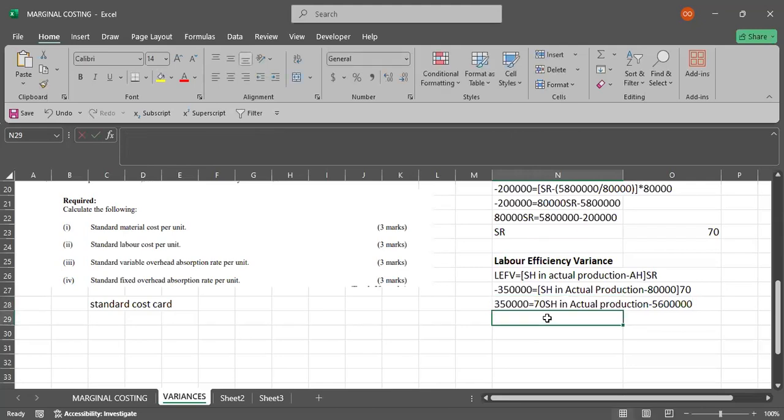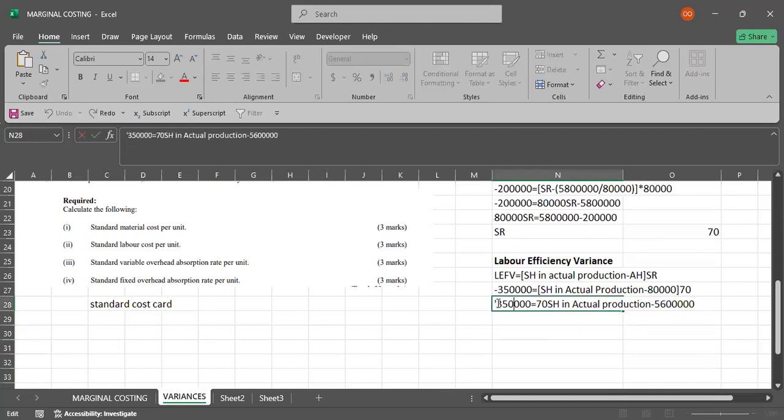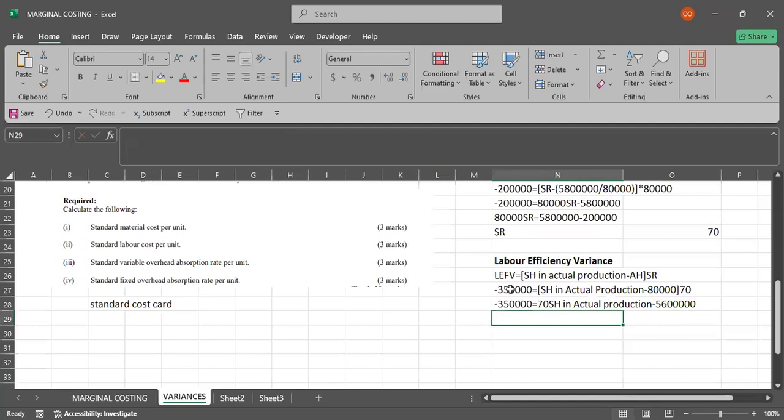Good. So let's collect the like terms. This is a minus. If it crosses the equal sign, it will be a plus, right? It will be a plus. Now, can we now make standard hours? Standard hours.